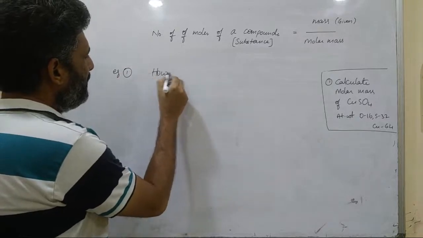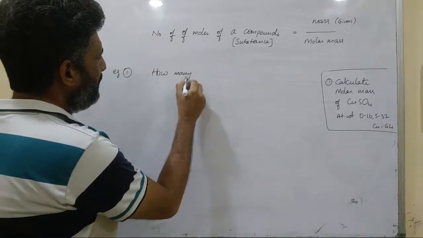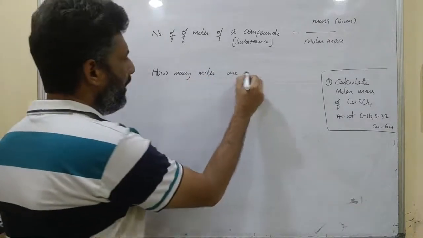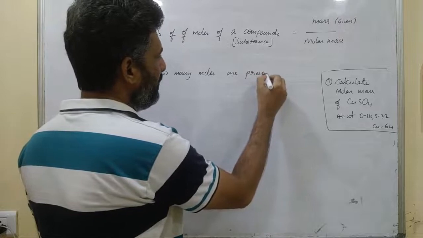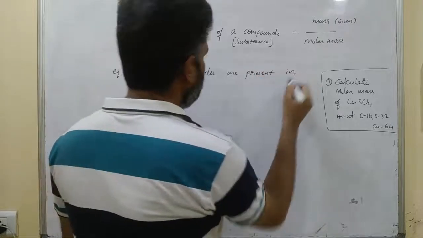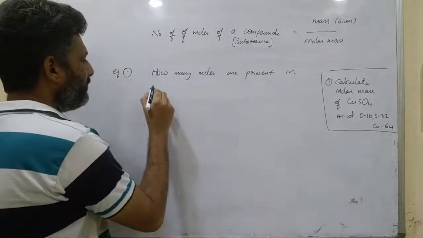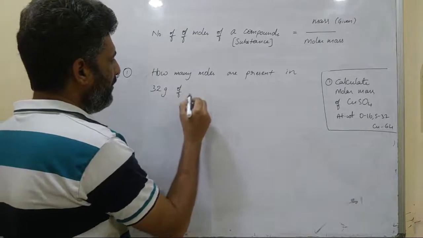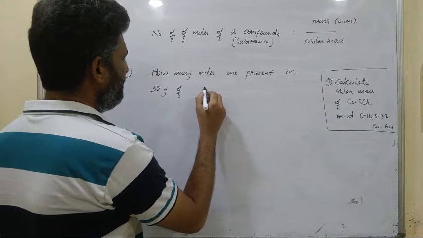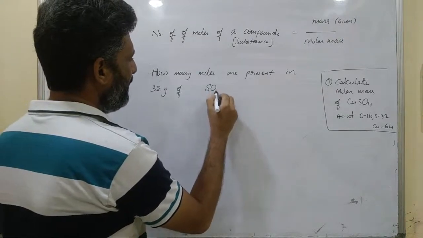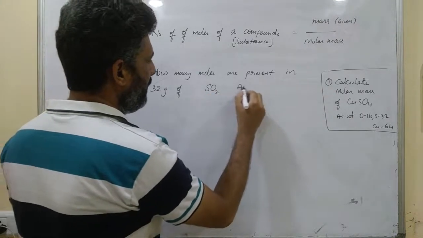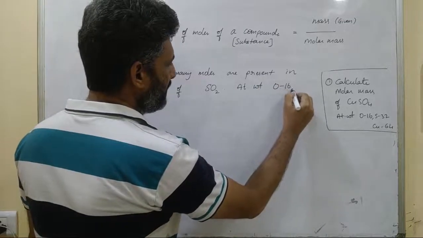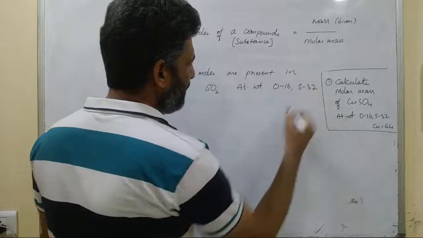How many moles are present in 32 grams of sulfur dioxide? Atomic weights are given like this: oxygen 16, sulfur 32.